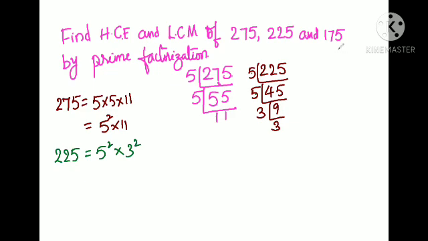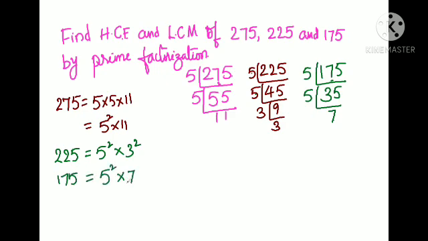Now let us factorize 175, which is also divisible by 5. 5 3s are 15, 5 5s are 25, 5 7s are 35. We got a prime number. When you get a prime number, you have to stop. Now 175 can be written as 5 square into 7.